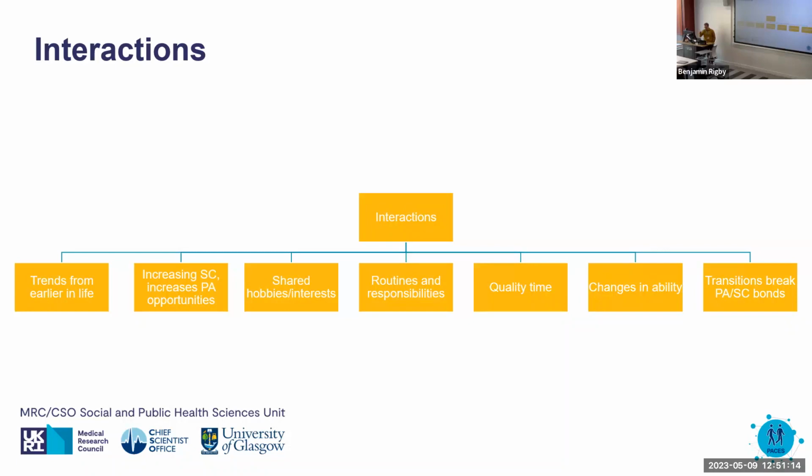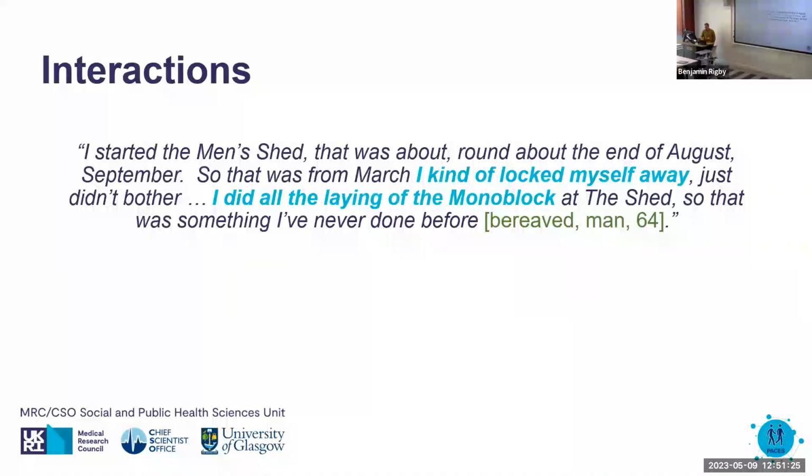Again, we can think of social practice theories and things like that, but physical activity was discussed as a way of coping with some of these transitions, particularly in terms of mental health. So a couple of quotations here around some of the more beneficial things that can happen around life transitions.